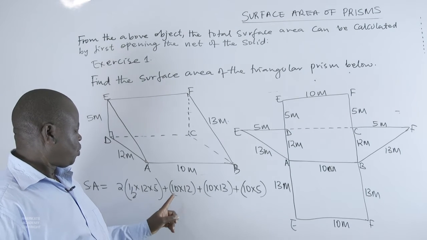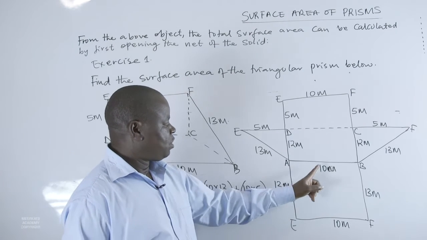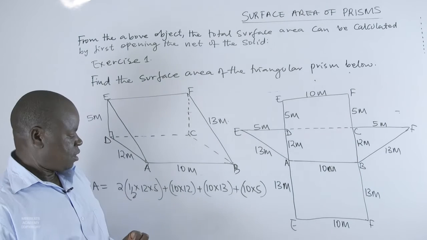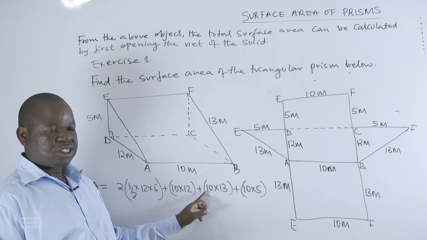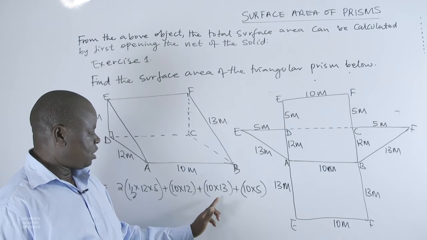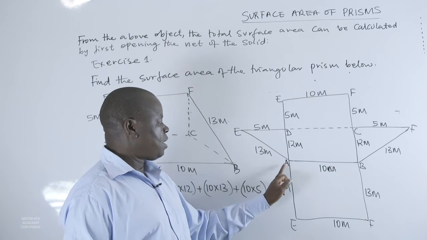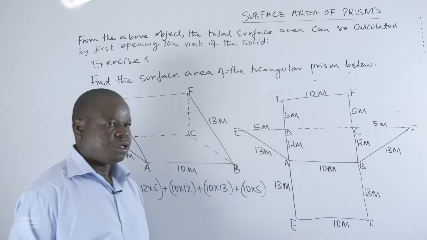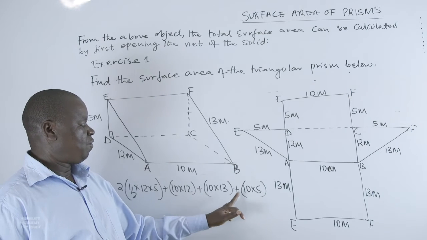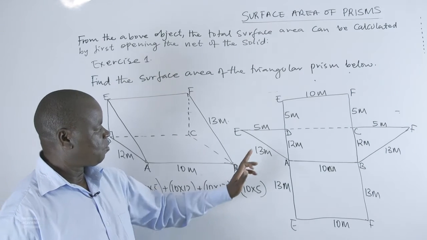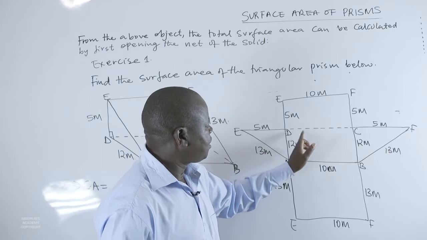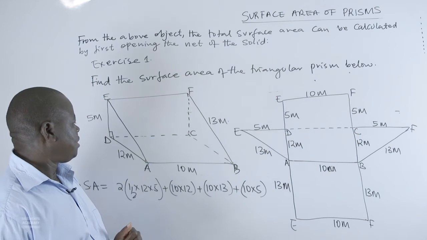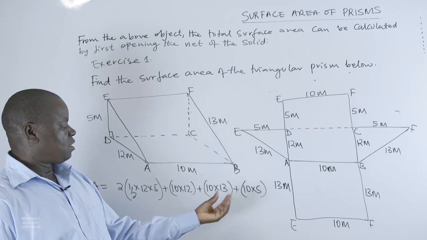Then plus 10 times 12. 10 times 12 is ABCD. Then 10 times 13. 10 times 13 is the plane ABFE. Then finally we have 10 times 5, which is the plane DCFE. DCFE is 10 times 5.